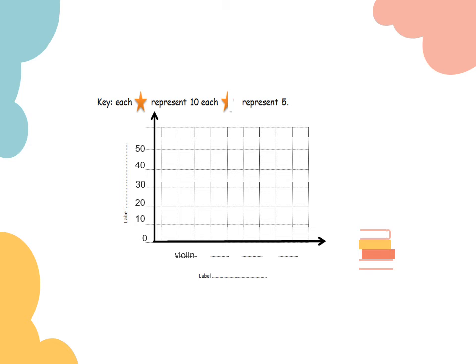Then we will write the names of the musical instruments. First, violin. The second one is what? Drums and trumpet, excellent, and piano. And write here number of sales and here musical instruments. Let's see the violin.